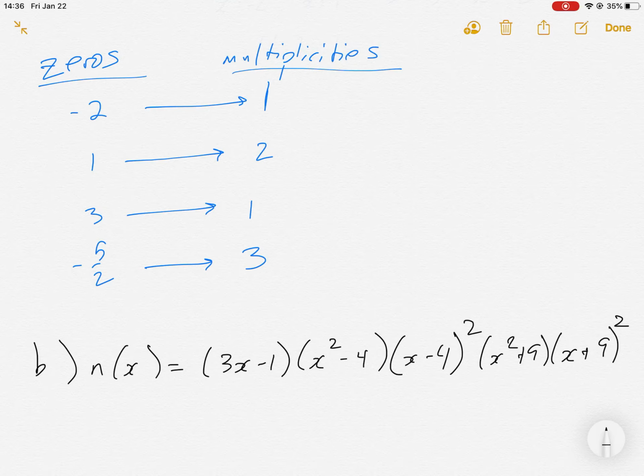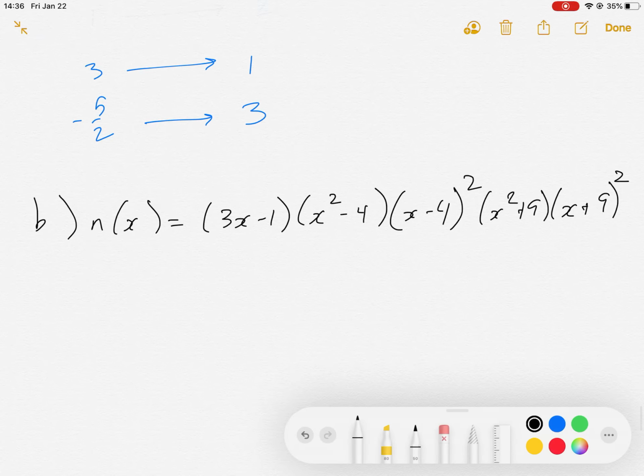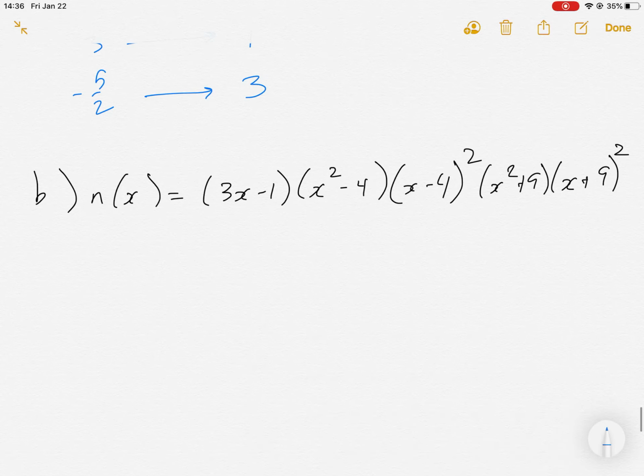So you'll notice I'm deliberately being tricky in this example. That's why there's all these squareds and squareds and squareds. But hopefully this will illuminate my point that I'm trying to make.